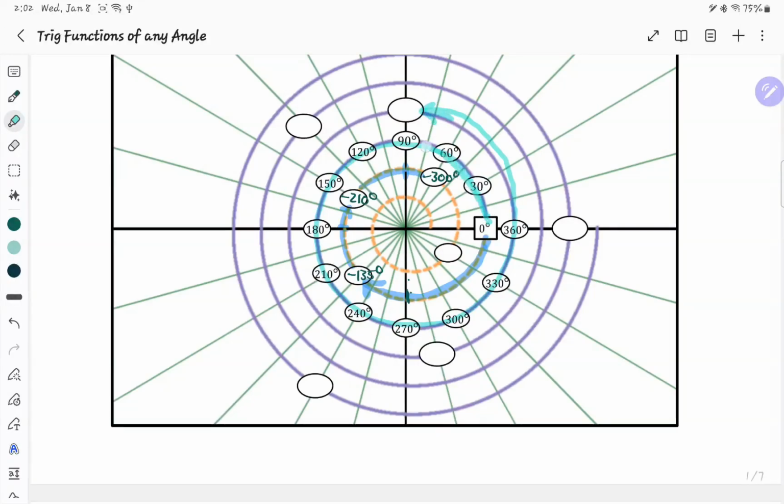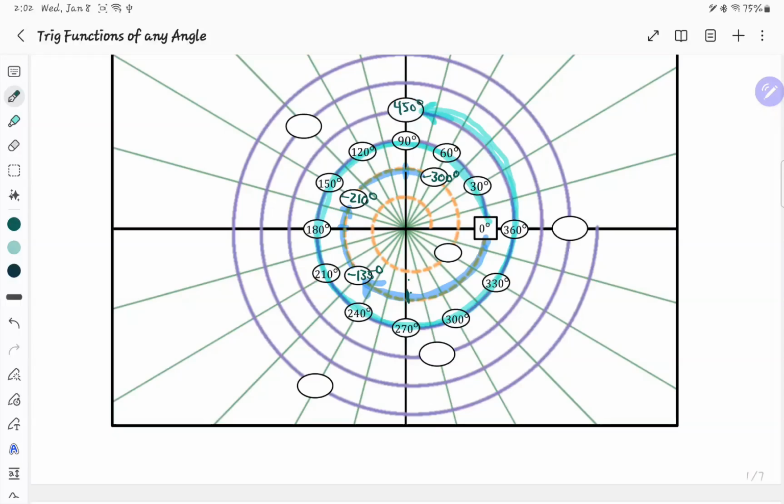So we've gone all the way around once, 360, plus another 90. So 360 plus 90 would be 450. So we'd say this angle right here, 450 degrees, standard position.